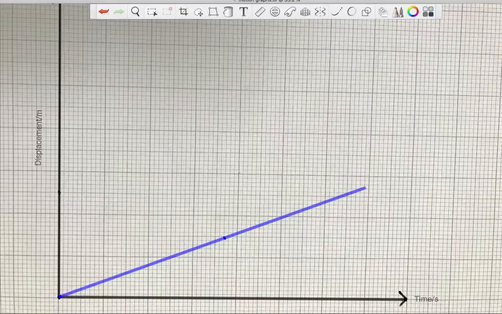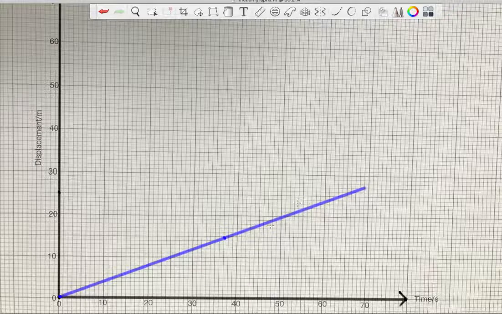Let's get some squares behind it to help us read what's going on, and let's get some numbers on the axes. So here we have a displacement time graph. My numbers run from 0 to 60 meters, and every little square represents 1 meter. And I'm going from 0 to 70 seconds, and every little square represents 1 second.